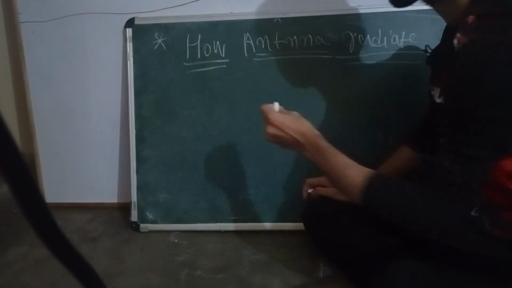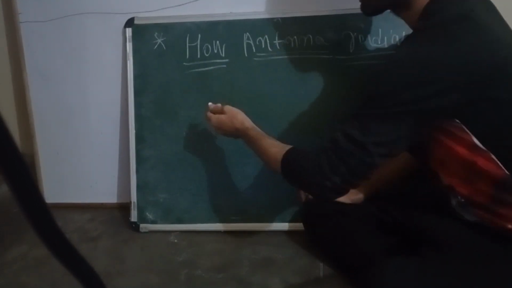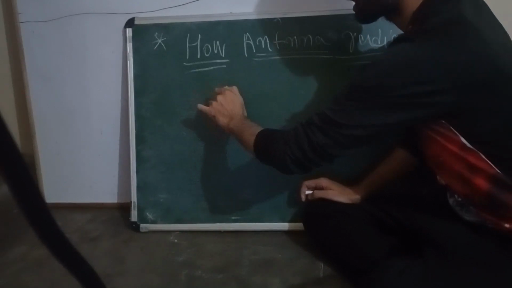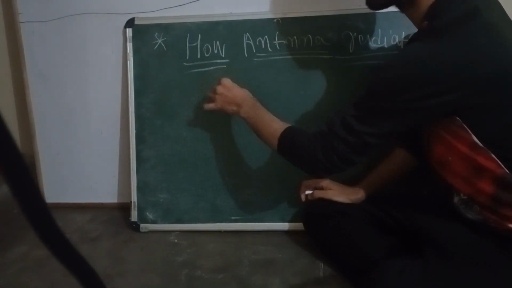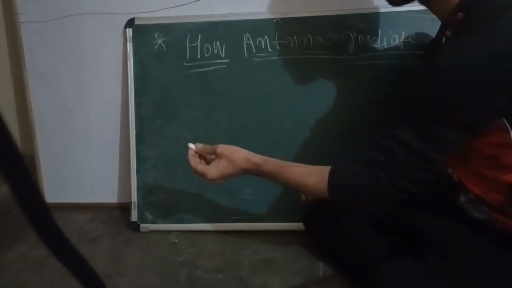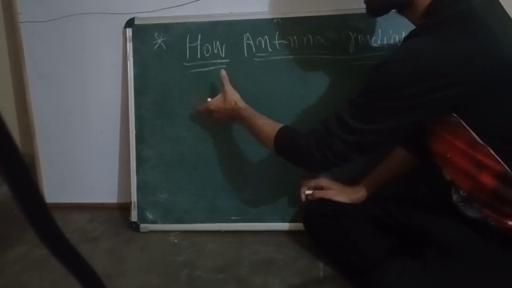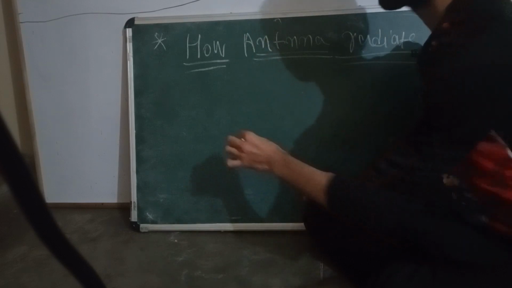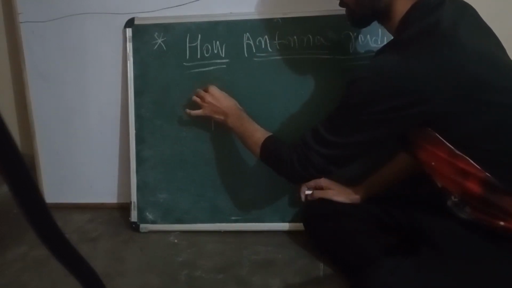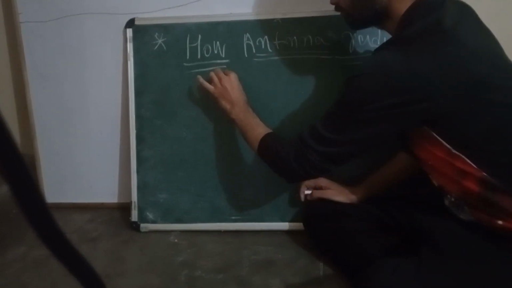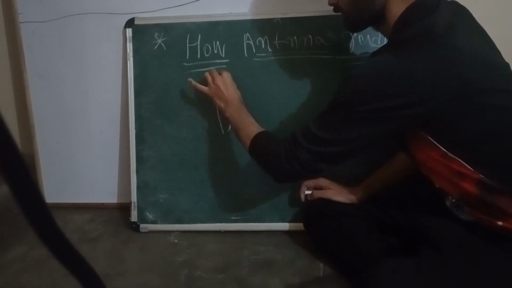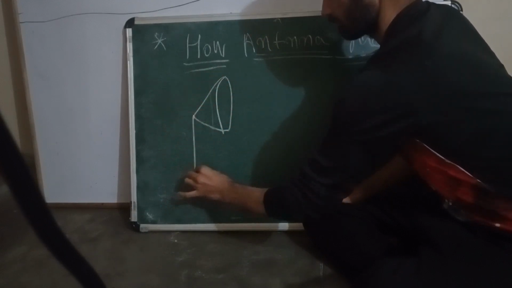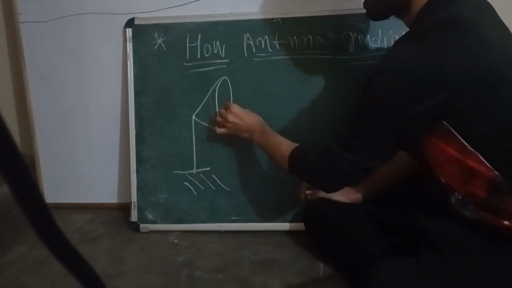What is antenna? As you know very well, antenna is nothing but just a conductor. Antenna is a device which converts electrical energy into electromagnetic energy. So let's say this is my antenna. What does this antenna do?